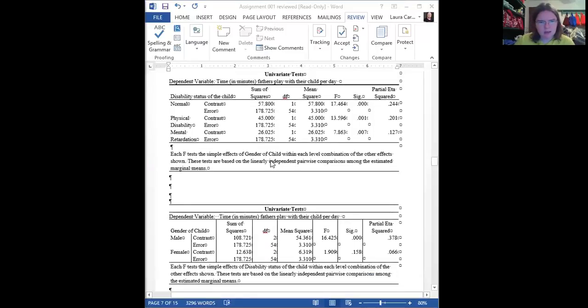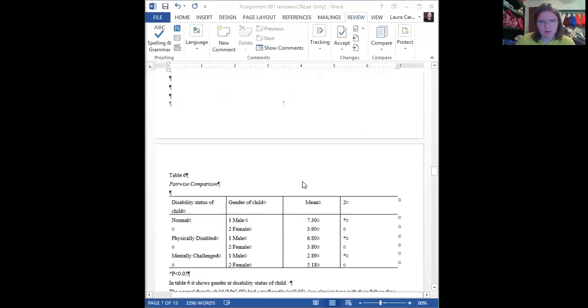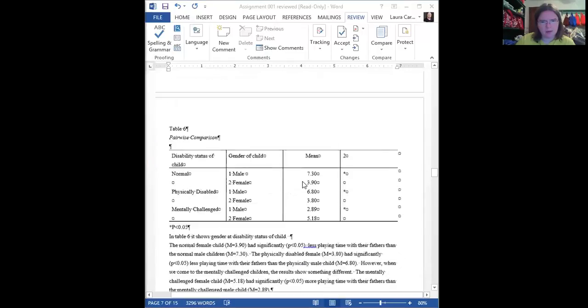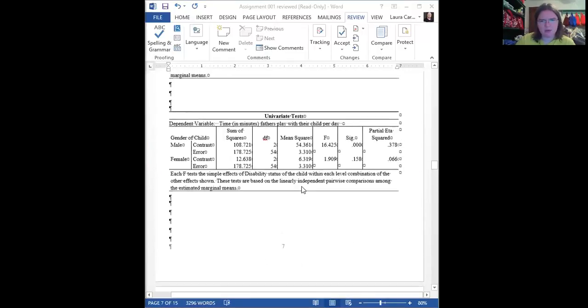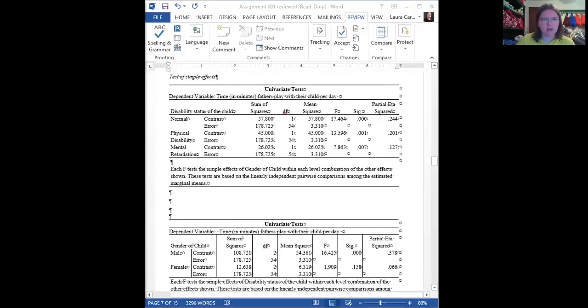Let me see if you have done it. Okay, let me show you how the table should look when you're done. I'm going to stop sharing your assignment and share something else.